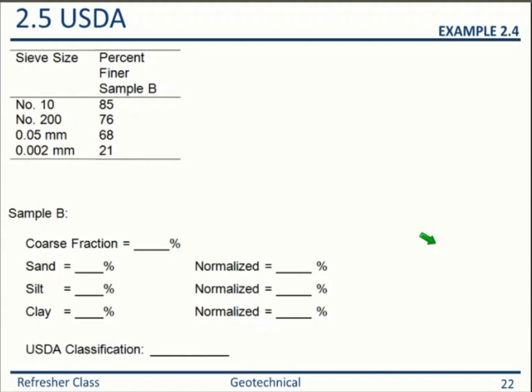21, right? So, only 85% is passing the number 10 sieve. How many percent is not passing through the 10 sieve? 15%, right? So that 15% is the coarse fraction.